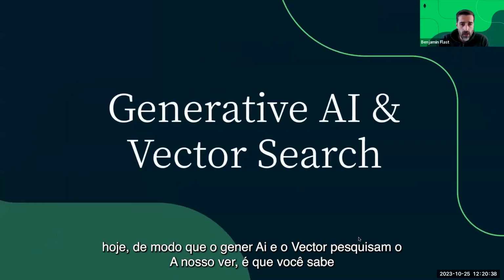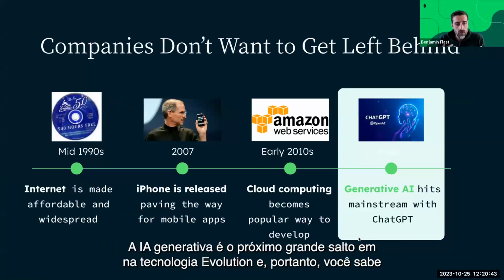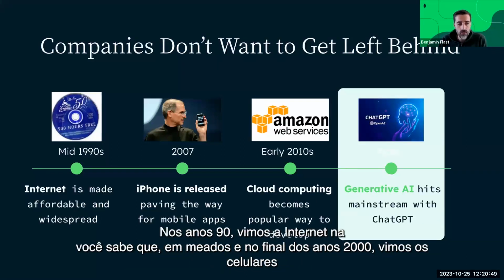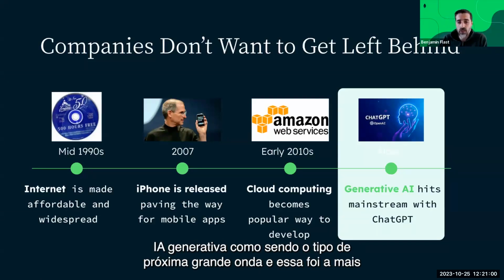So, generative AI and vector search. The way we see it, generative AI is the next big leap in technology evolution. In the 90s, we saw the internet. In the mid to late 2000s, we saw mobile. And then in the early 2010s, we saw cloud computing. And we see generative AI as the next big wave.